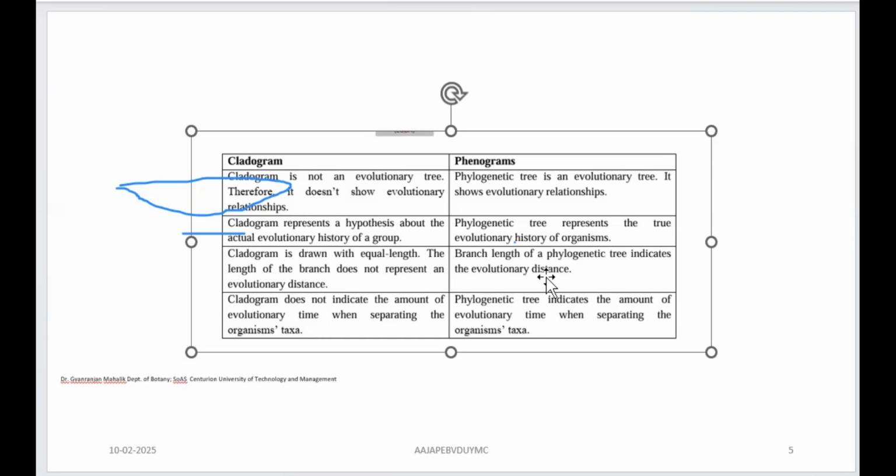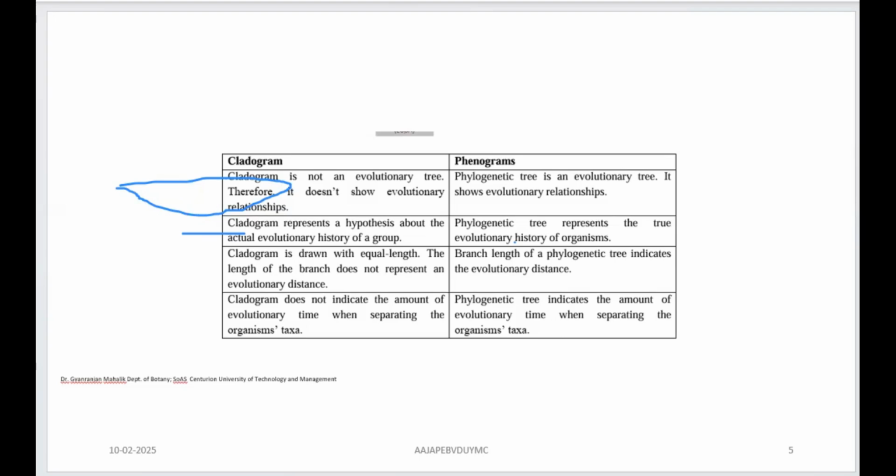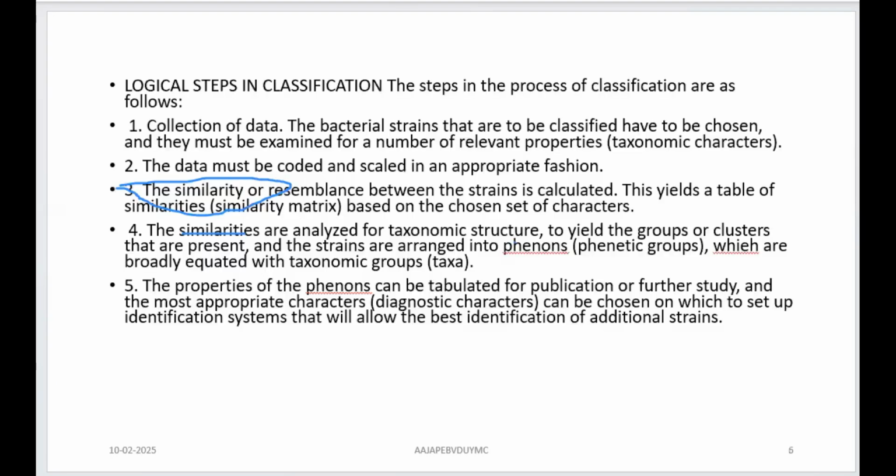The branch length of a phylogenetic tree indicates evolutionary distance, but in a cladogram, it does not describe the evolutionary distance. So a cladogram does not indicate the amount of evolutionary time, but you can get to know about evolutionary time based on phylogenetic tree construction. So these were the terminologies related to numerical taxonomy and related terms.